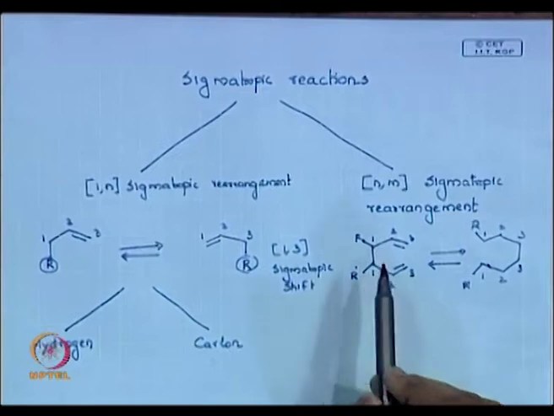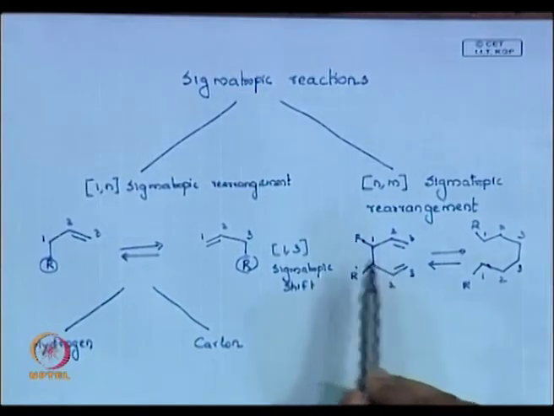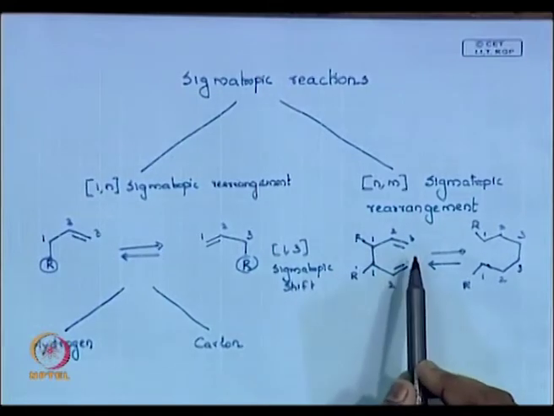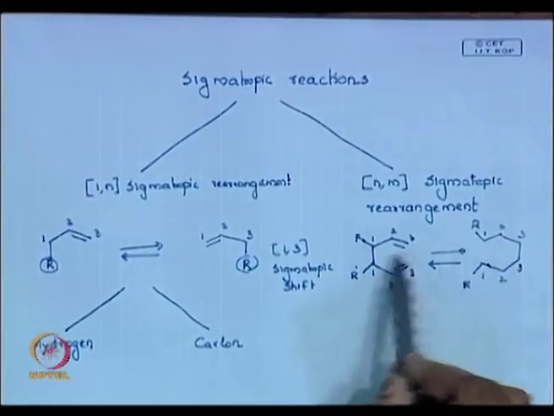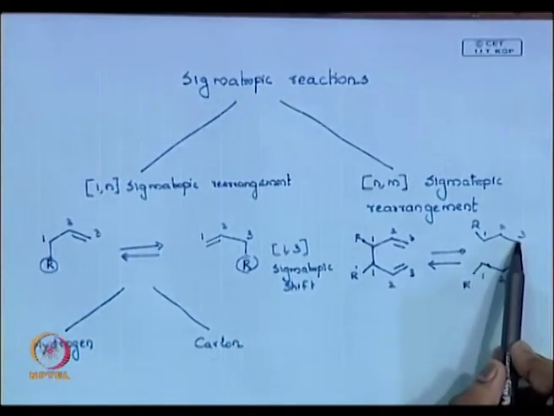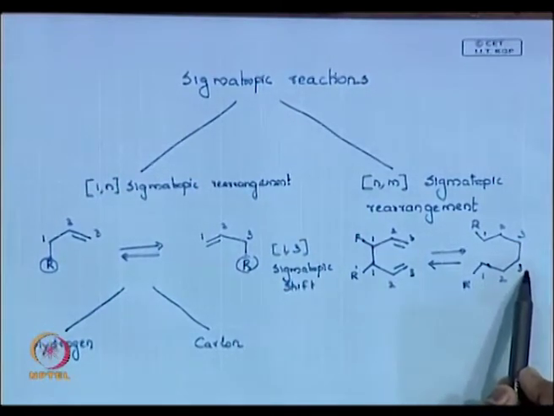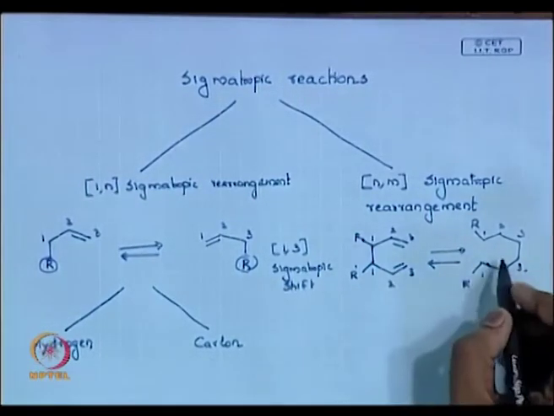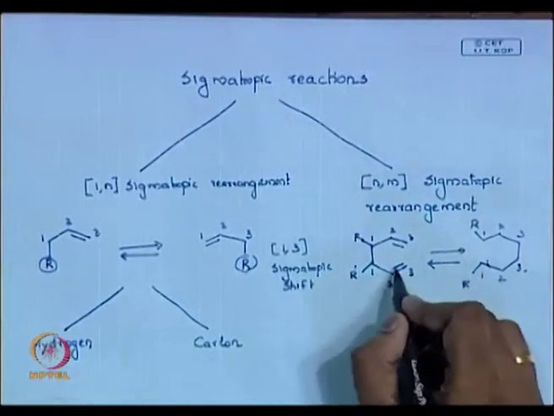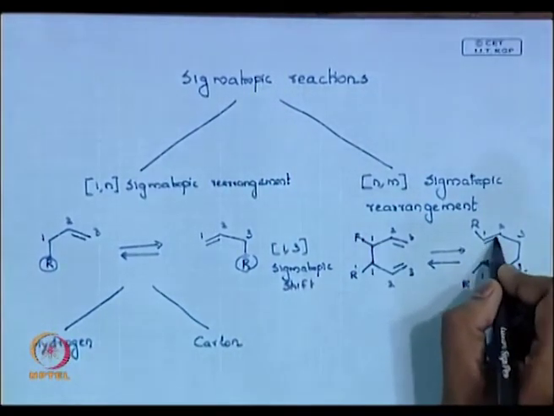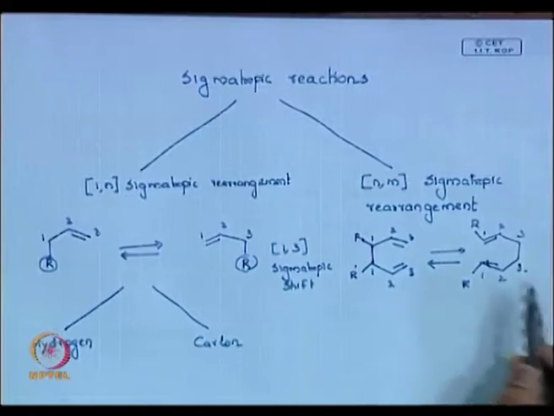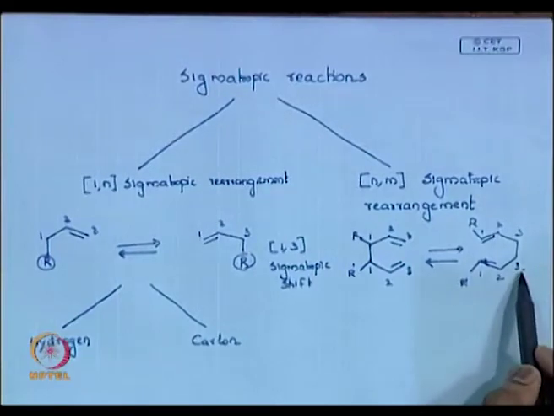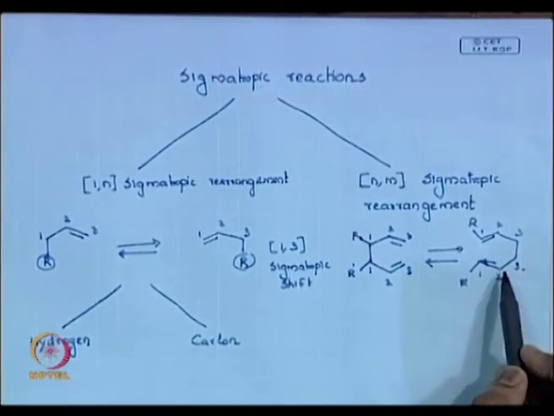Initially, the sigma bond which is doing the reaction, that you call 1,1, and where it has finally reached. In this case, it has gone to 3 on one side and 3 on the other side. So, what system is this? Your n is 3, your m is also 3 in this case. So, you call it 3,3.